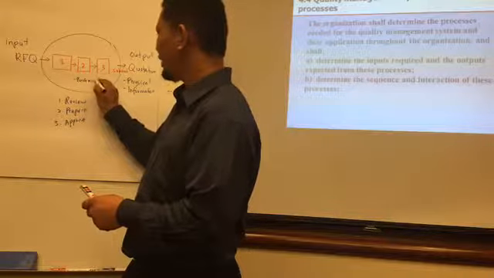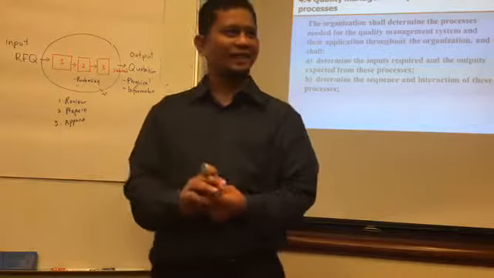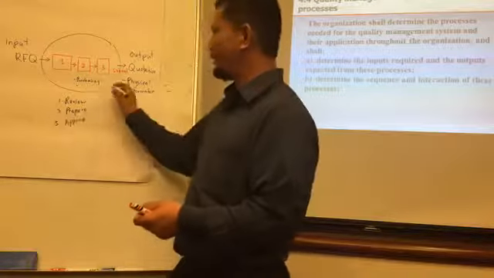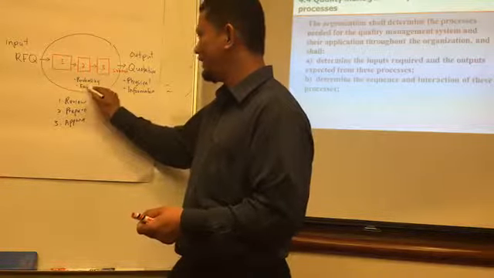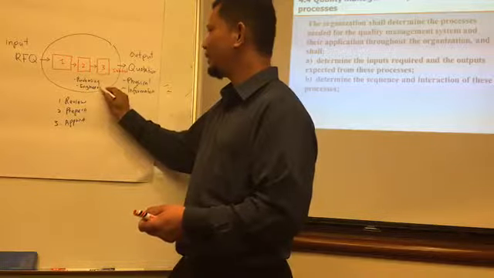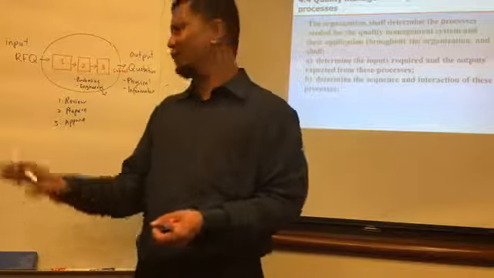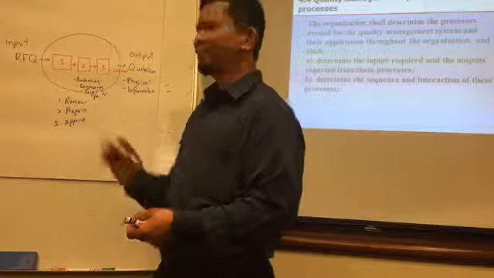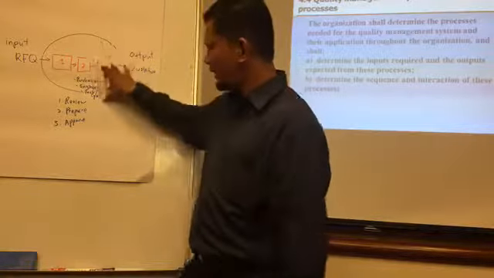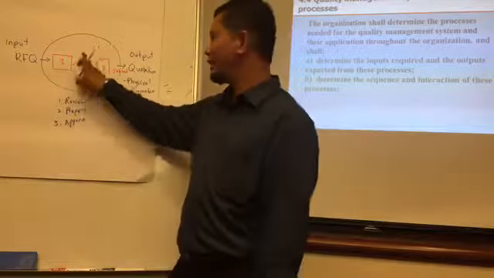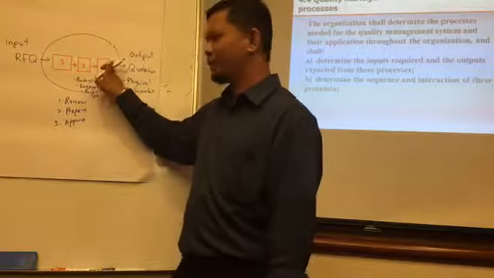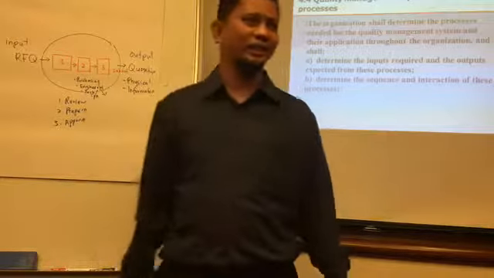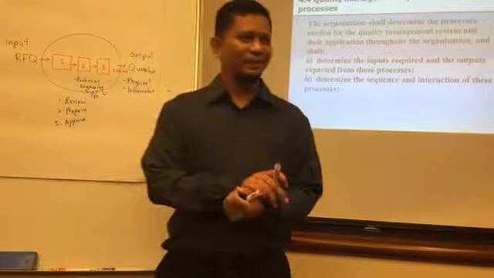Who else are you going to interact with? Technical, for example, from engineering, and so on. The technical spec. Because before you prepare, you must get all this information, then you can prepare, then you can pass to the sales manager, whoever, to approve and submit the quotation. That's B.